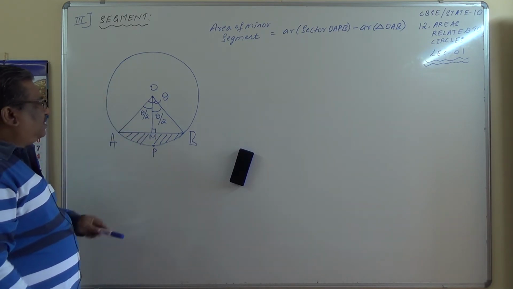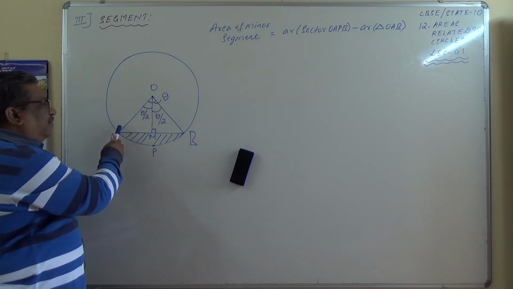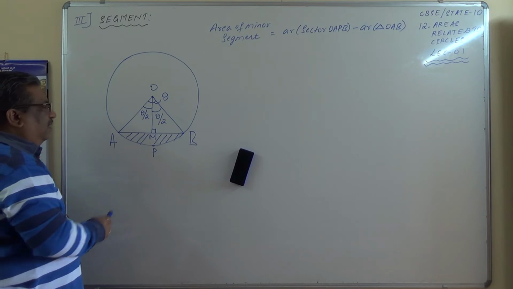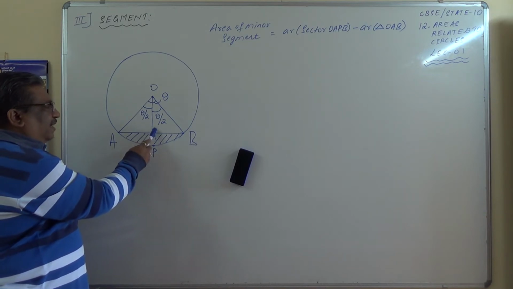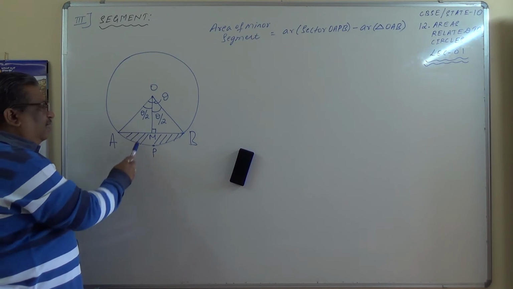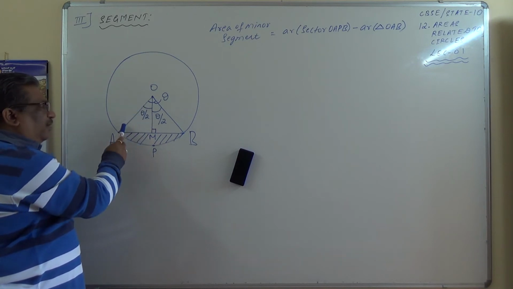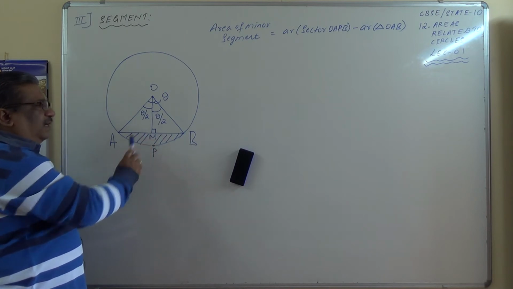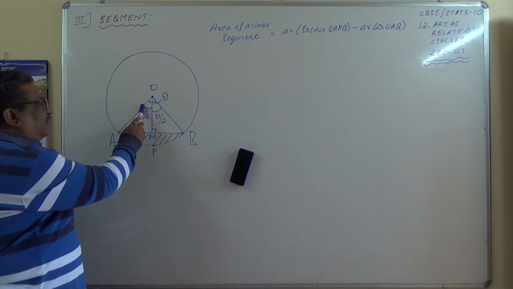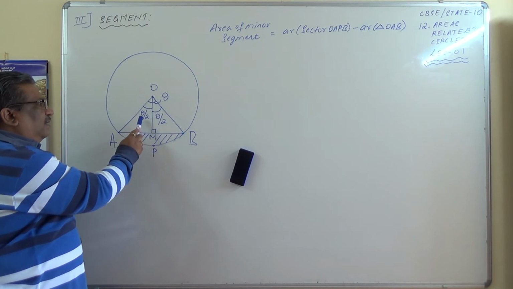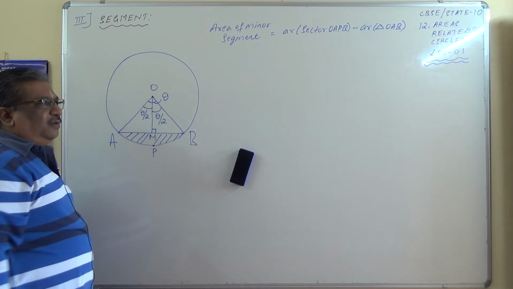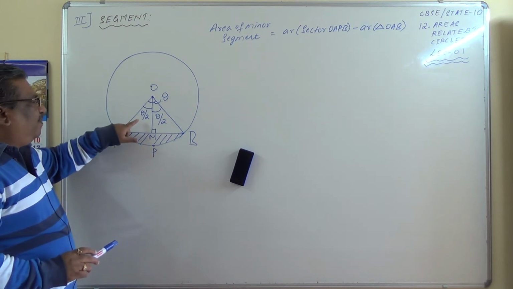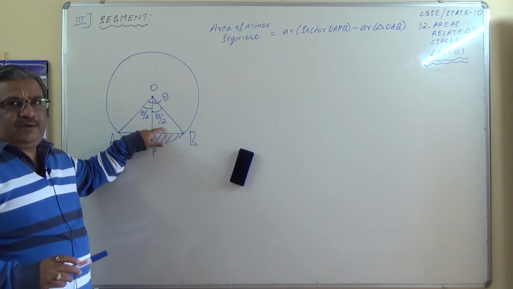In these two triangles, OA is equal to OB, radii of the same circle, the angles are 90 degrees and 90 degrees, and this is the common side: right angle, hypotenuse and common side. By the RHS congruency rule, these two triangles are congruent, and therefore this angle is equal to this angle. Therefore this is theta by 2 and this is theta by 2. I hope you are very clear about the reason.